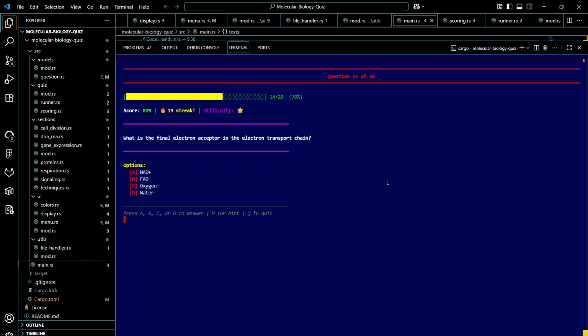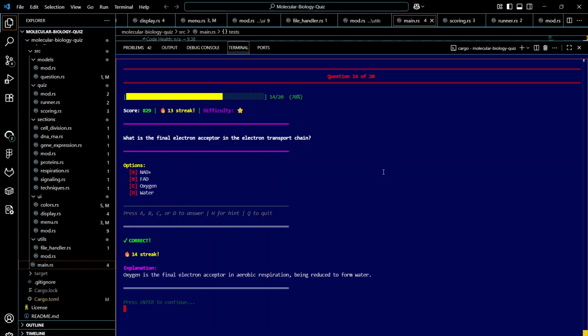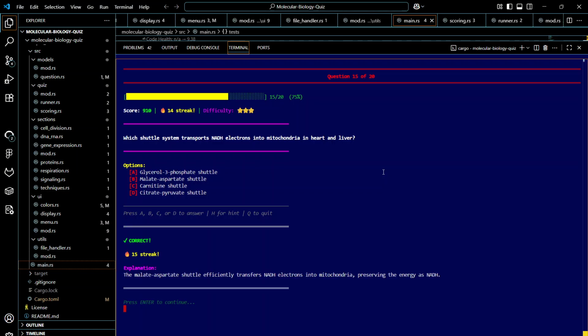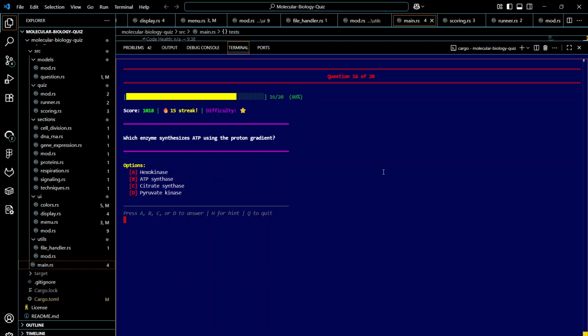What is the final electron acceptor in the electron transport chain? Okay. Which shuttle system transports NADH electrons into mitochondria in heart and liver? That would be the malate aspartate shuttle. Which enzyme synthesizes adenosine triphosphate using the proton gradient?